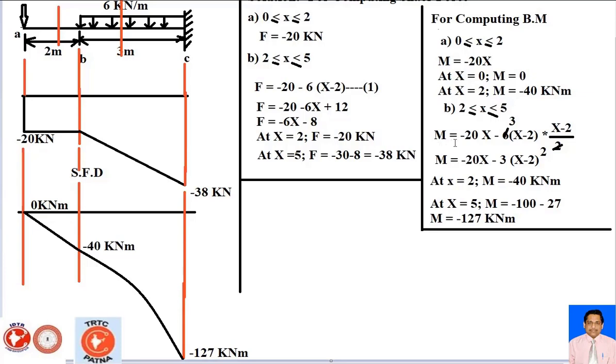This is your equation: M equals minus 20x minus 3 times (x minus 2) whole squared. I am using the mean value of x, suppose 3.5 meter. So this is your 2 and here is 1.5, so 2 plus 1.5 gives the mean position, the center line here.